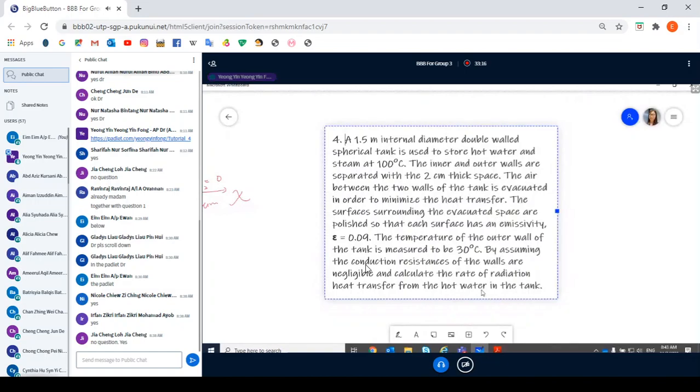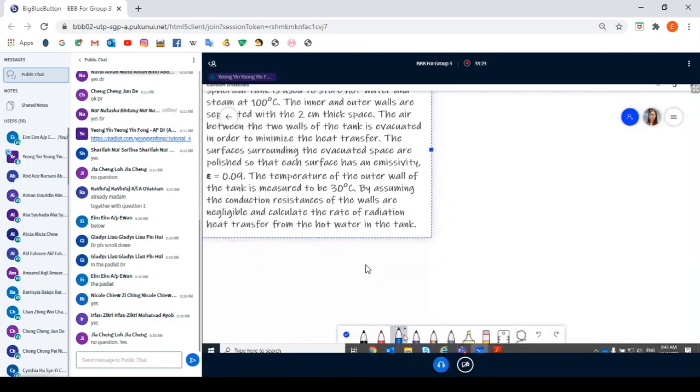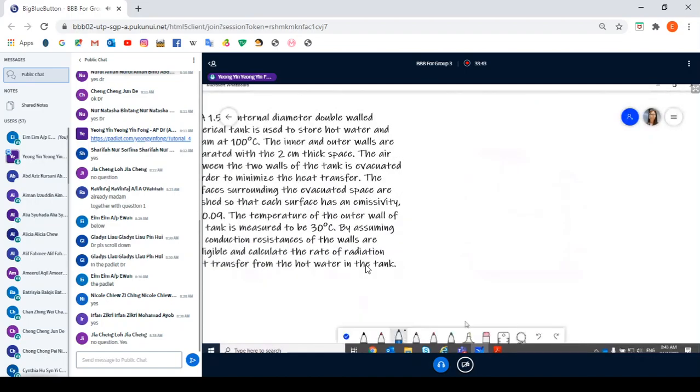So the drawing will be like this. You have a spherical tank. There's a thickness over here. This is enclosed surfaces. Oh, my drawing is bad. Never mind, I redraw again. So a spherical tank.